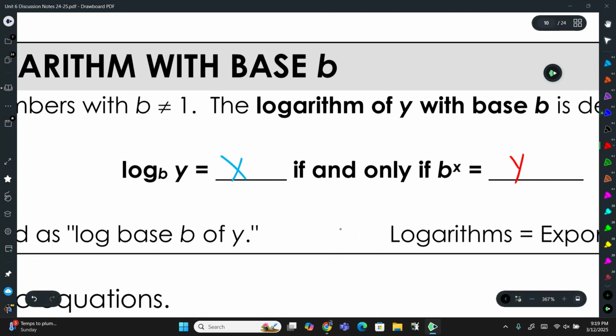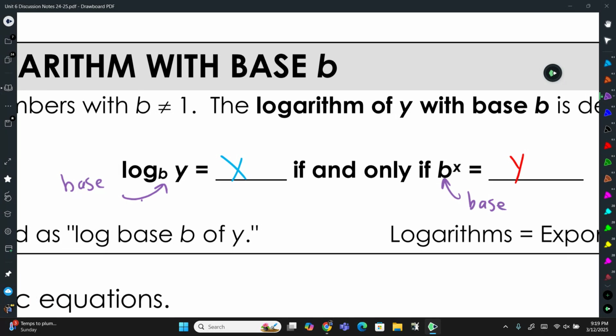Now a little bit of notation here. This little b is your base. That's the base of the log. Over here, that is the base of what is being raised to some power, some exponent. Now here, this x is your exponent.